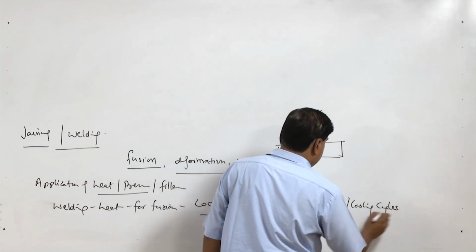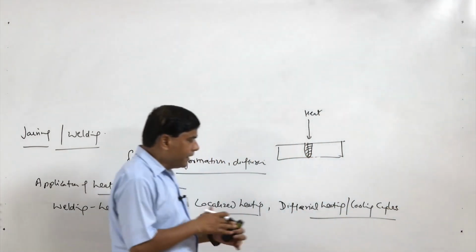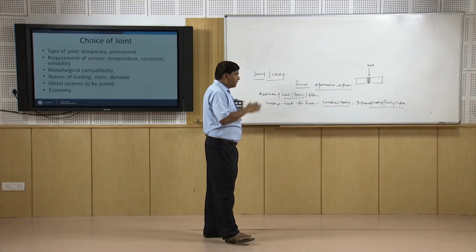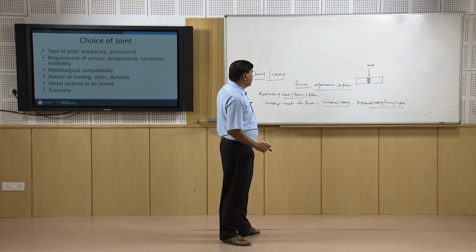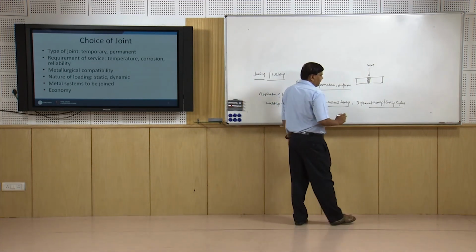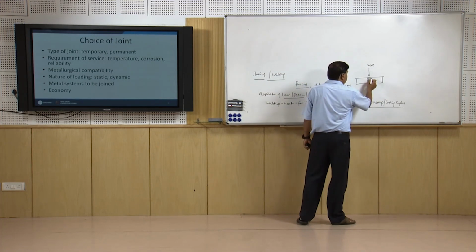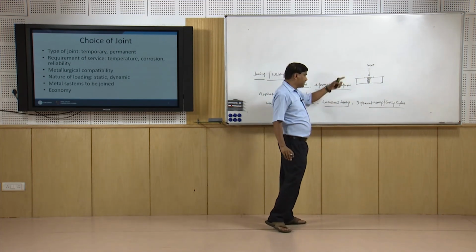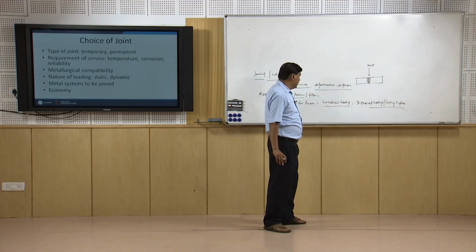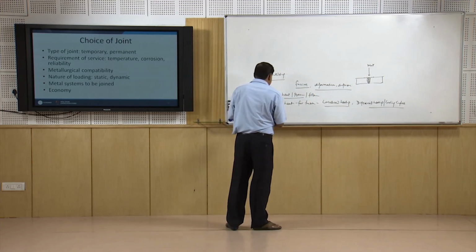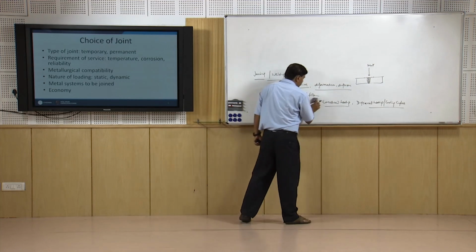Cooling cycles means the rate at which things are heated, the maximum temperature which is attained, and the cooling rate which is experienced by the different regions close to the weld region are different. So, the different points close to the weld experience different heating and cooling cycles. These are the two very unique things, and because of these two things only, various unique responses are offered by the welded joints.